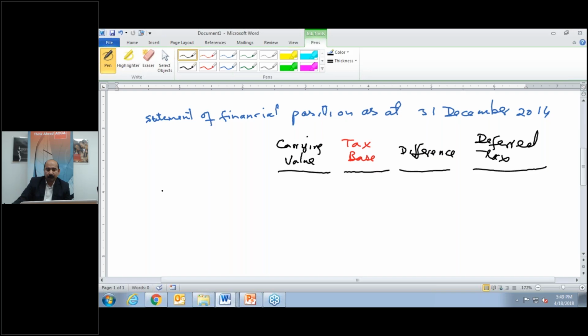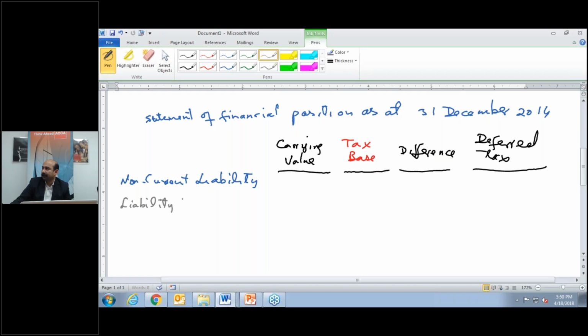Okay, so under non-current liabilities, we shall be having this liability component of convertible.